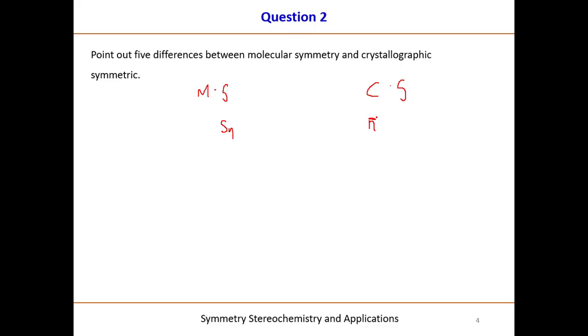So n bar means it's a rotation inversion. Rotation and inversion. Correct?